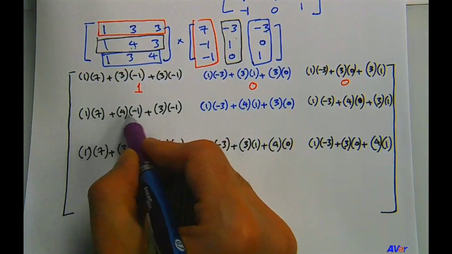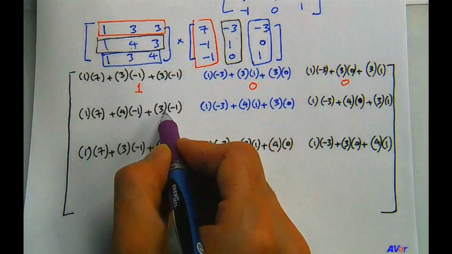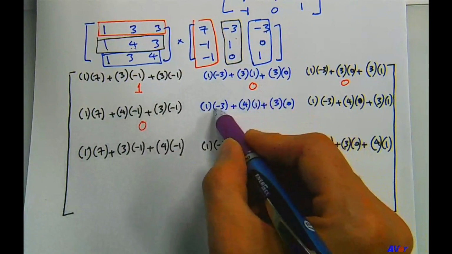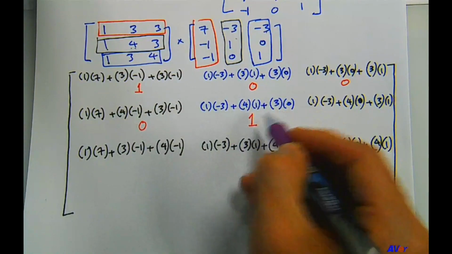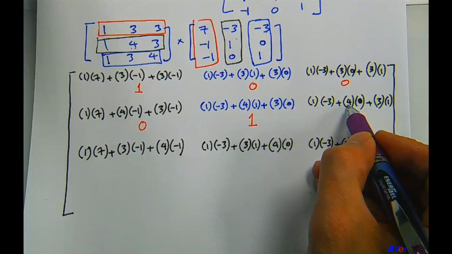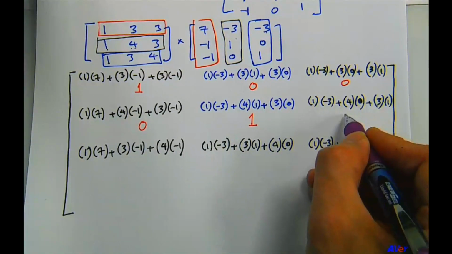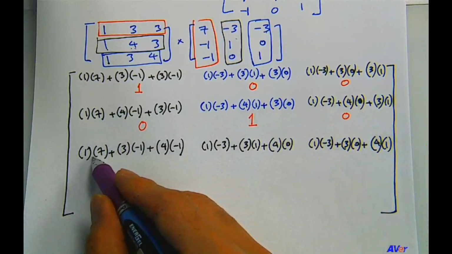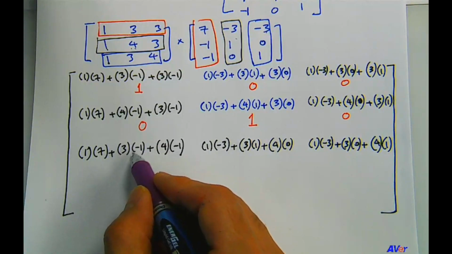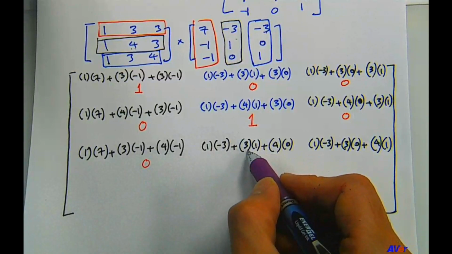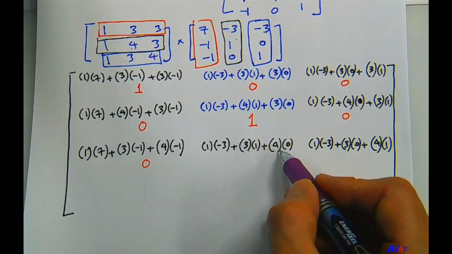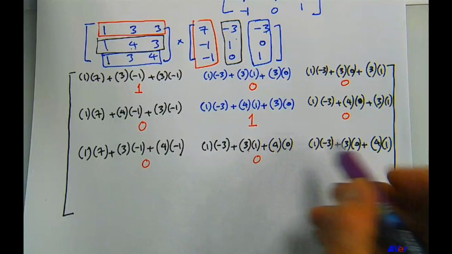So 7 minus 4 is 3 plus negative 3, that's 0. Negative 3 plus 4 is 1. 1 plus 0 is 1. Negative 3 plus 0 is negative 3 plus positive 3 is 0. 7 minus 3 is 4. 4 plus minus 4, that's 0. Negative 3 plus 3 is 0. Plus 0 is 0 again.